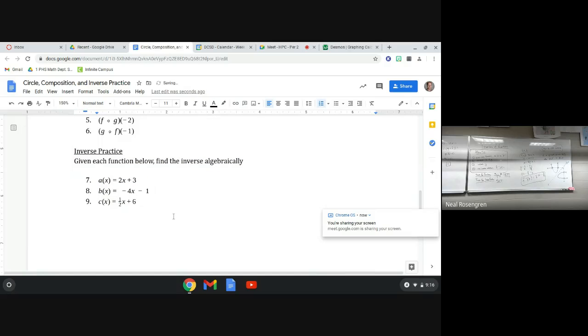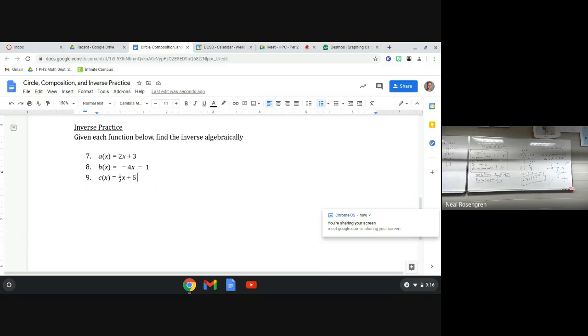I'm giving you some one-to-one functions. Okay. There they are, lines. Every function that's a line passes both the horizontal line test and the vertical line test, right? Any line that has a slope to it, as long as that slope isn't 0.